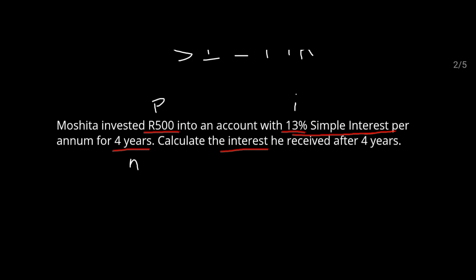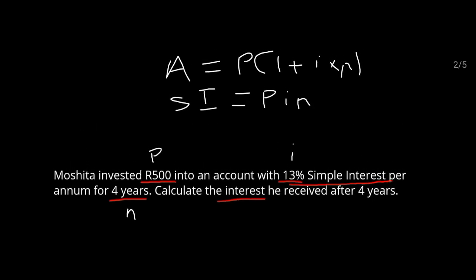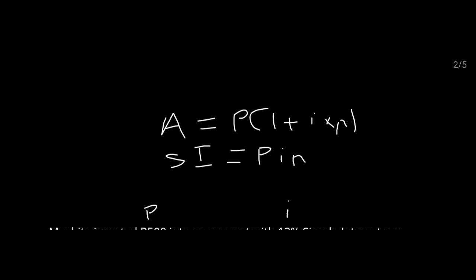That's why I highlighted calculate the interest, not calculate the A. Of course, because we are calculating the interest, we are actually looking for the interest amount. So now you know very well you cannot use this formula, because it does not give the interest amount. So what are we calculating?